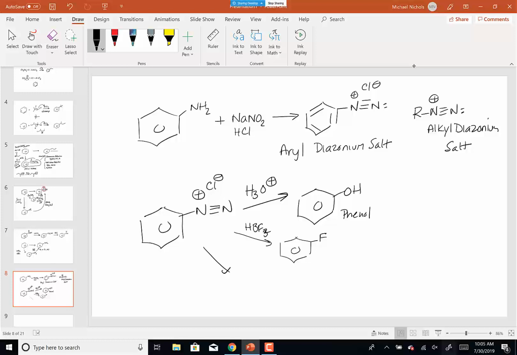If you want to add an iodine, you just use either potassium iodide or sodium iodide. There's actually more reagents than that to add an iodine, and they're pretty ugly.